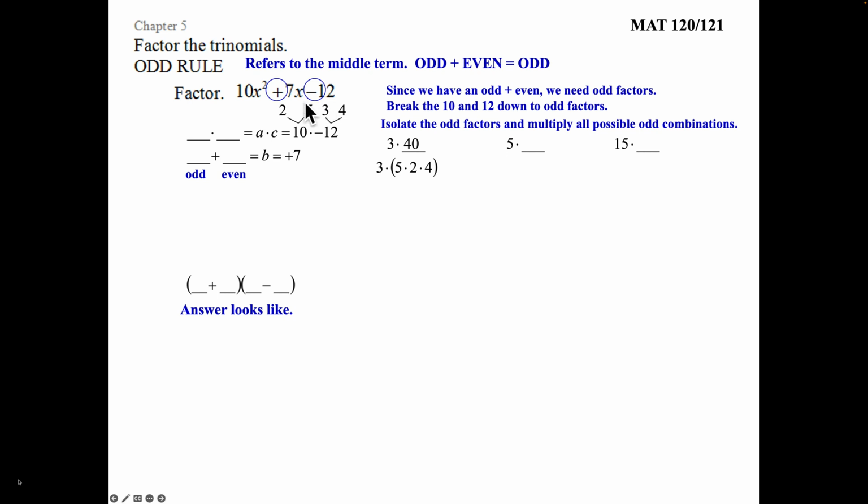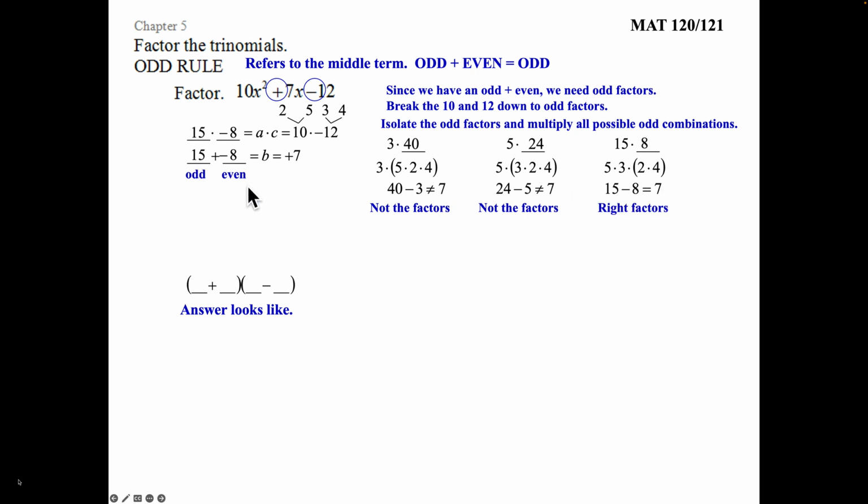I cover up the 5. 2 times 3 times 4, that's 24. All right, 5 and 24, nope, that's not going to subtract to get me 7. Cover up the 5 and the 3 for my 15. 2 times 4, that's an 8. 15 minus 8, that's my 7. There's my two numbers, 15 and negative 8.